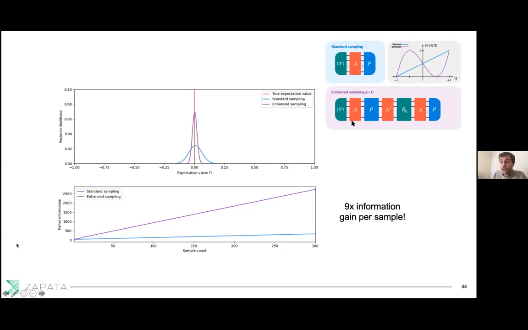Of course, the circuits used in enhanced sampling are deeper, so this requires, in this case, a factor of 3 more time. And as we'll show, this leads to a linear improvement in the Fisher information per time as we use more of these Grover iterates.